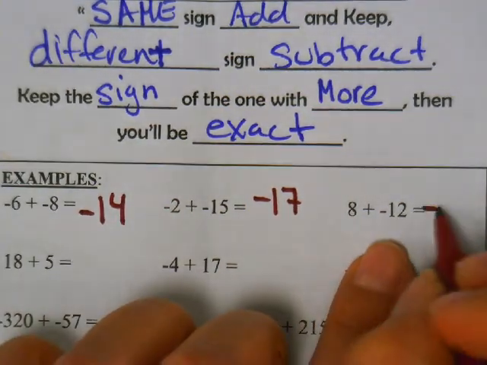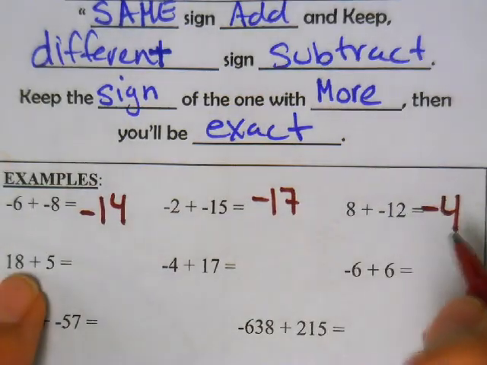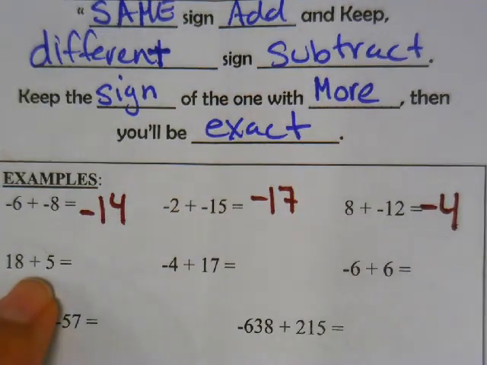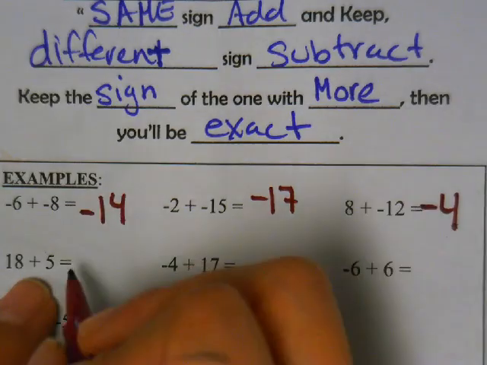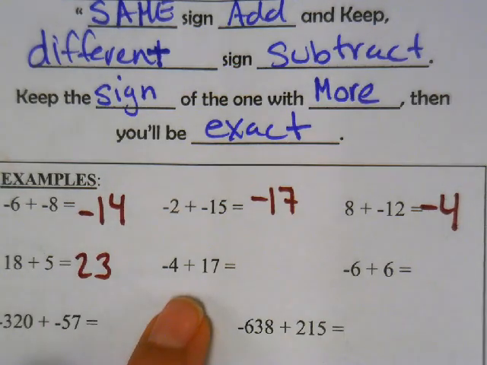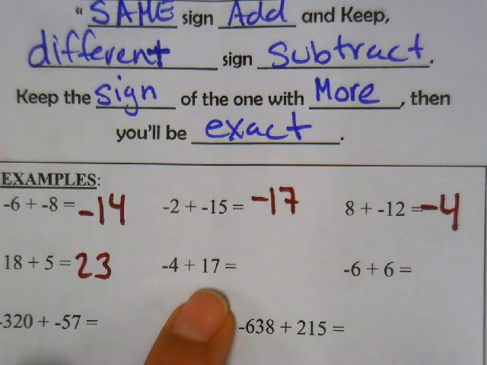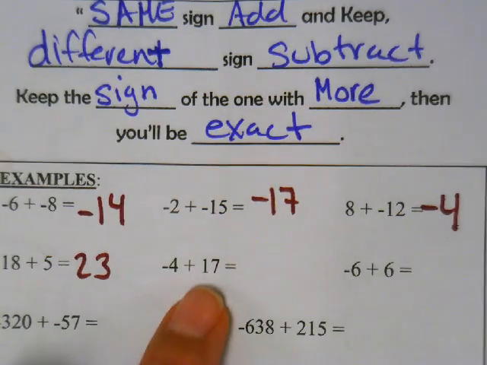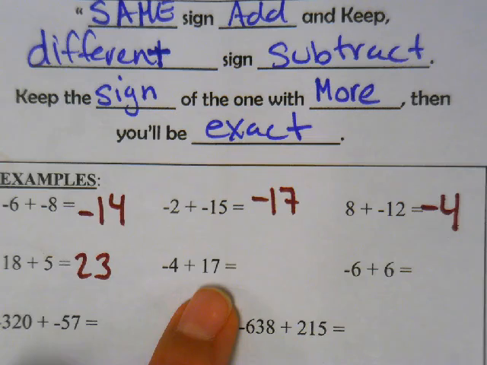Negative 4. Thank you. All right, Axel, what's 8 plus 15? Jade, what's negative 4 plus 17? Negative 4 plus 17. What is it? 13. Yep.